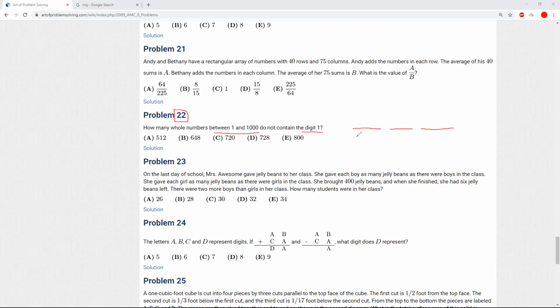So all 3 digits can be 0 to 9, except, actually not 0 to 9. Each of these digits can be 0, 2, 3, 4, ... 9. Because they cannot be 1. It cannot contain the digit 1.